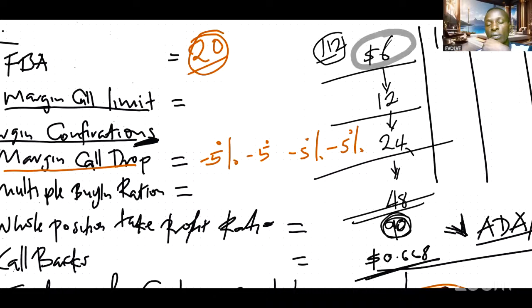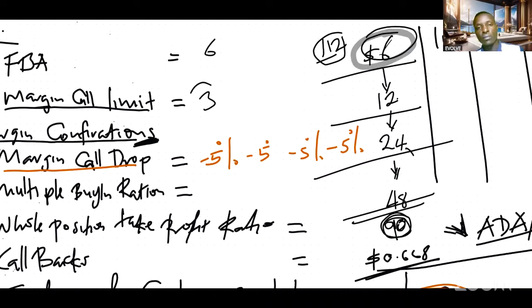So in short, Mr. Ronald is going to have $6 on first buying amount, and he can put 3 here, meaning 3 margin calls. Is that easy?